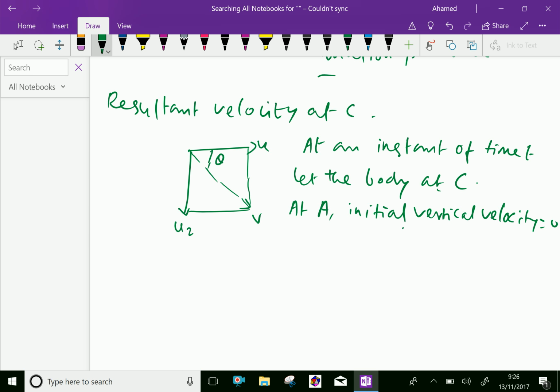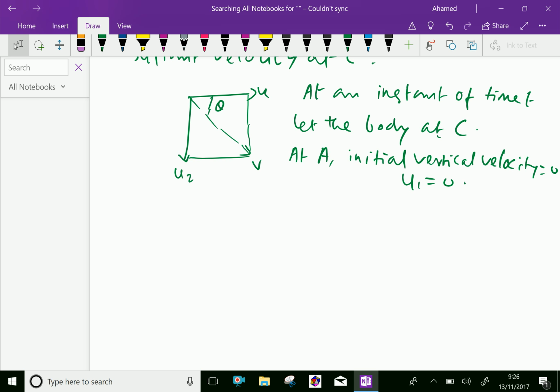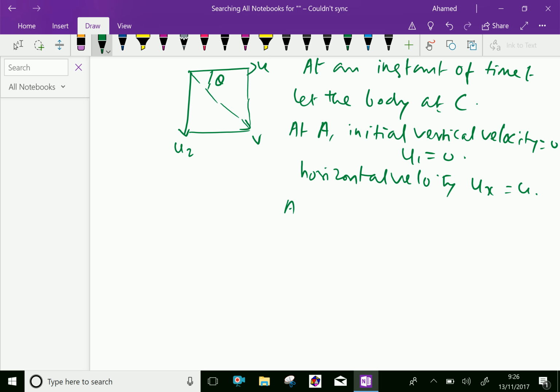Therefore u1 equals 0, and the horizontal velocity at point A is ux, that is u, and at C the vertical velocity is u2.